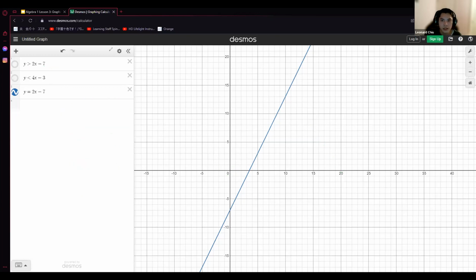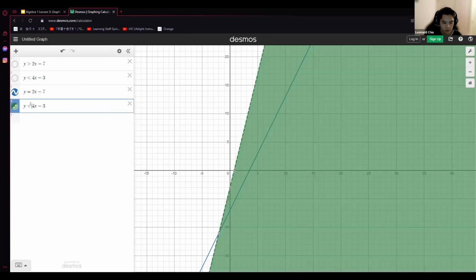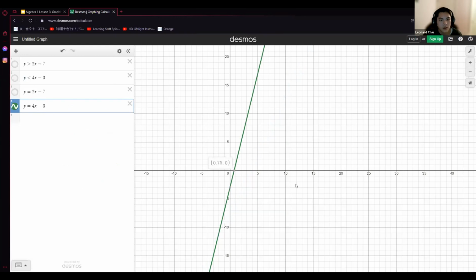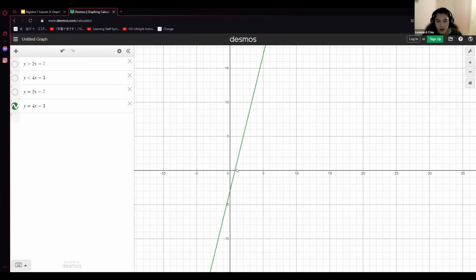So let's do the next equation. Let's test it. We can test the point 0, 0 again, because it's easy to test. So when we test it, we get 0 is less than 4 times 0 minus 3. Remember, you test with the inequality, not the equation.